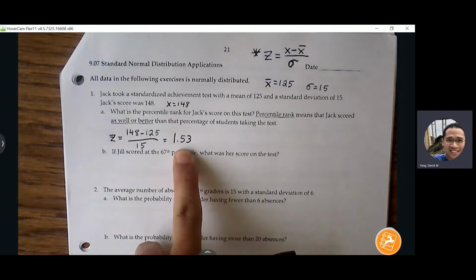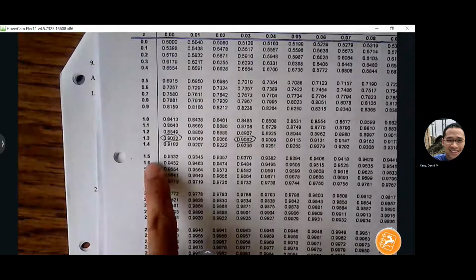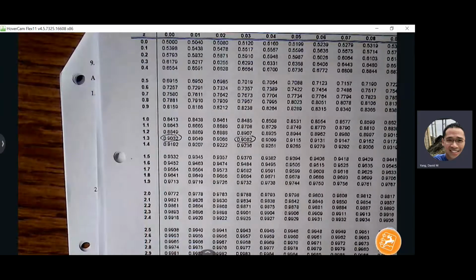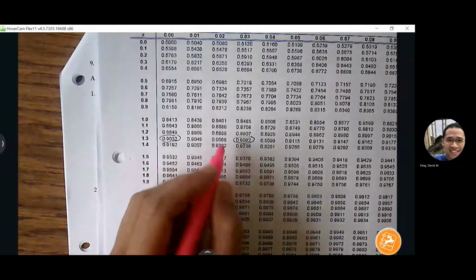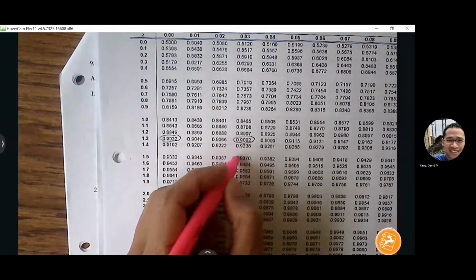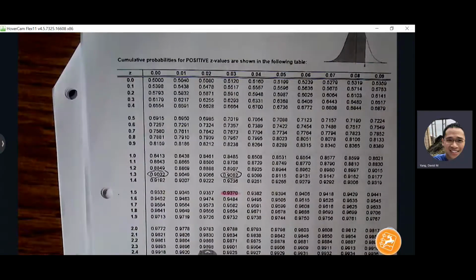That's a positive z-score. So we look for 1.53. We look for 1.5 first, and once you find 1.5, you move over a few columns to get that 0.03 added.